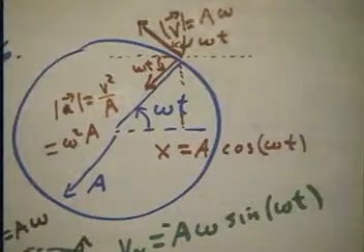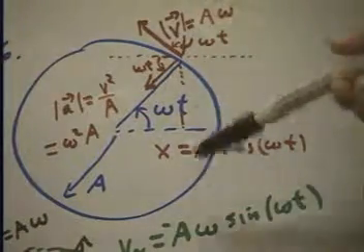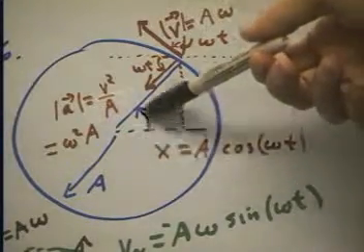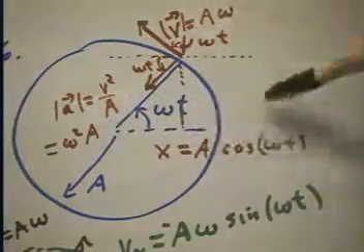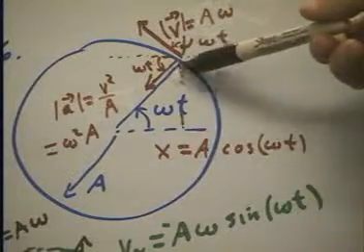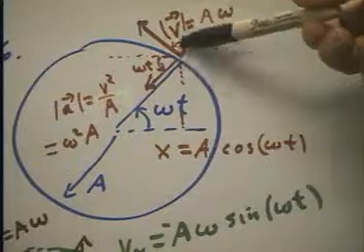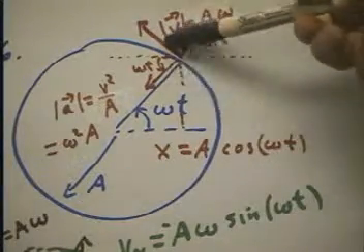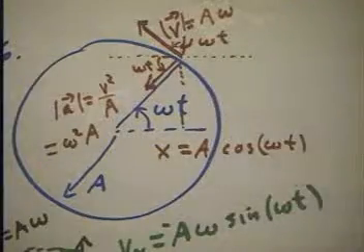That's one of the properties of the geometry of a circle. Since the radial line makes an angle omega t with the positive x-axis, because of the direction of motion here, this velocity vector will make angle omega t with the y-axis, again because these two vectors are perpendicular.